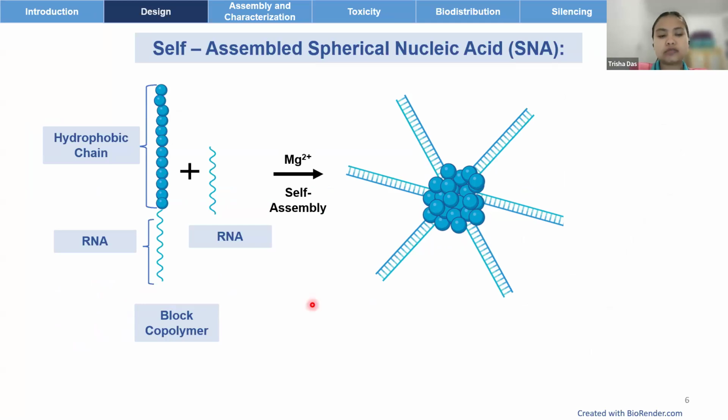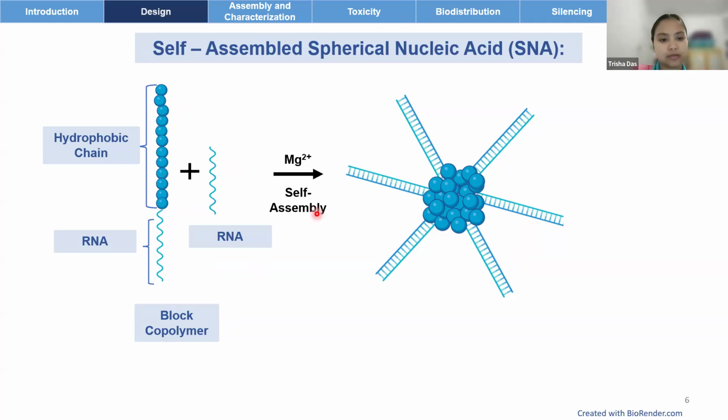For our studies, the RNA for the nucleic acid therapeutic, we'll be using siRNA, and this siRNA has been used before for targeting Huntingtin. Also, we have an RNA portion and a hydrophobic chain here, and this is for this RNA.